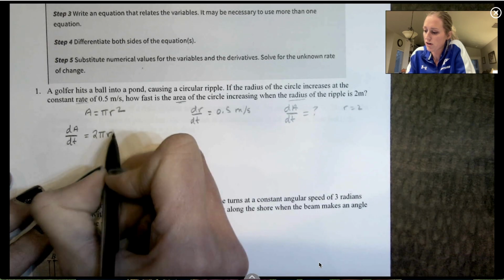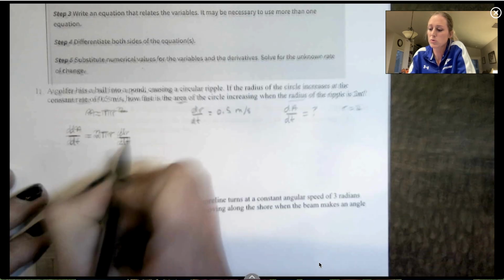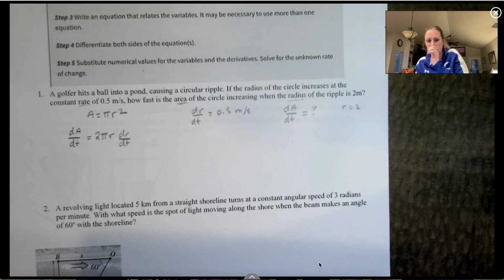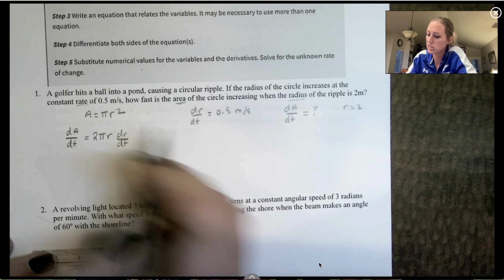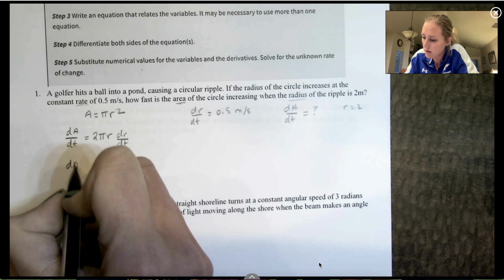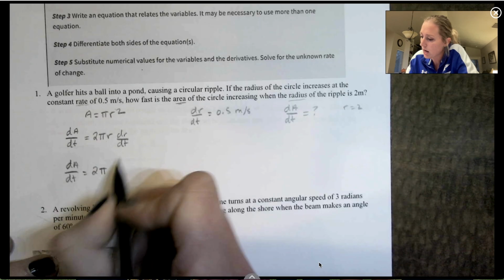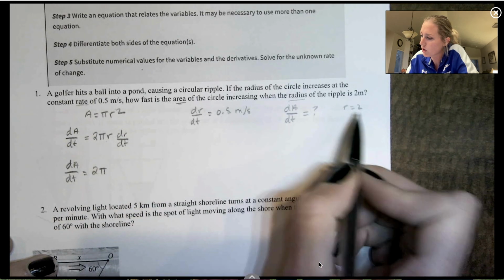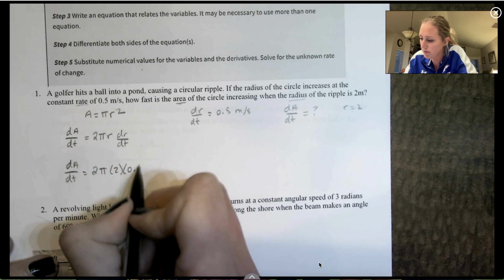The derivative of r with respect to time is dr/dt. So this would be the equation differentiated. Okay, so now we're going to substitute in the values we know. We know dr/dt is 0.5, and r at this instant is 2. So we're going to put in 2 and 0.5.